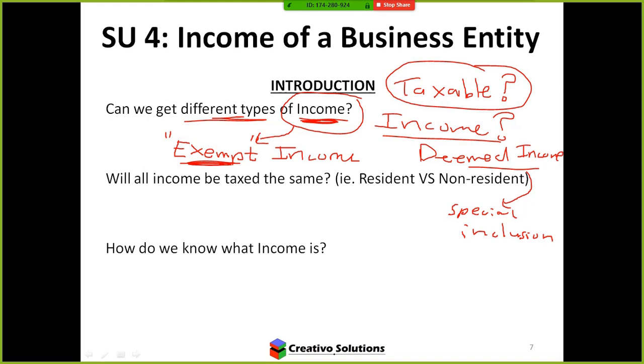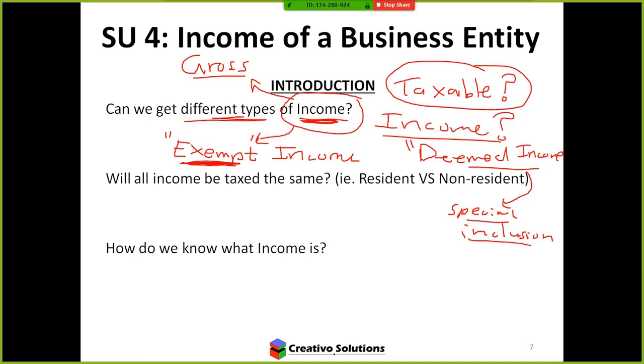When I ask whether you can get different types of income, I'm referring to income from a classification point of view. In tax, you have to look at gross income. Gross means everything. Within gross income, you could have certain income items that are exempt, or certain items that aren't income but are specifically included as part of gross income.